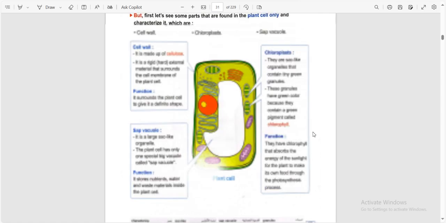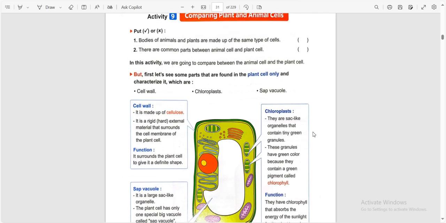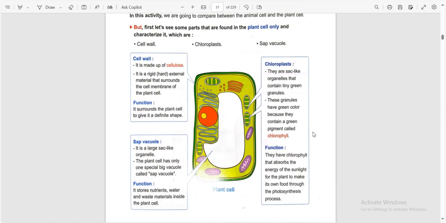Now, let's do the same thing for the plant cell. The plant cell has the same organelles and the same structure of the animal cell, but it also has three more specific parts.